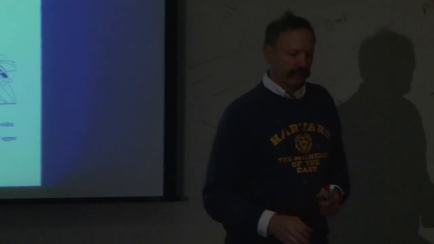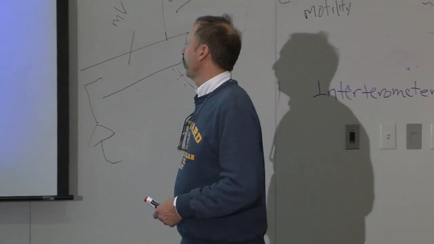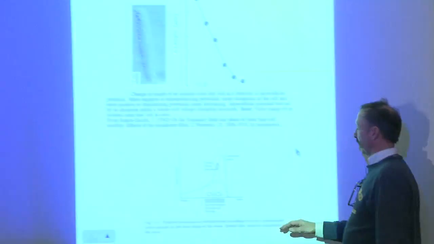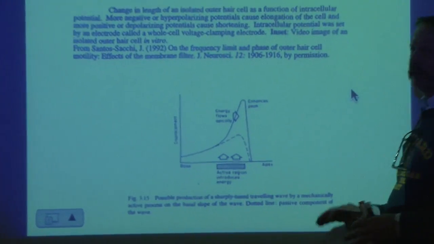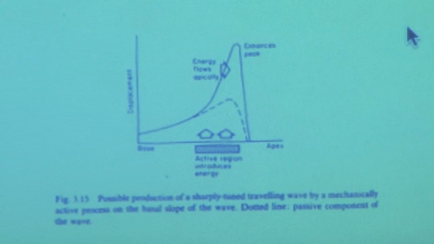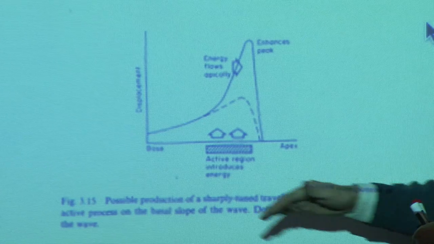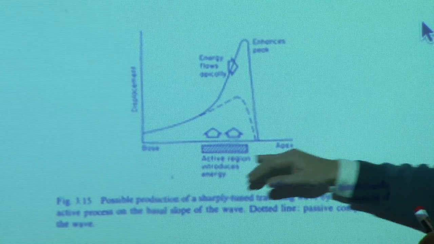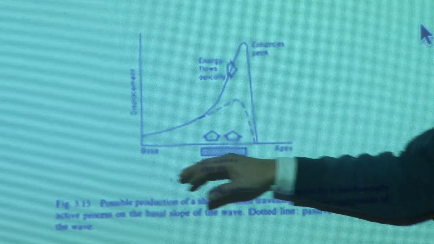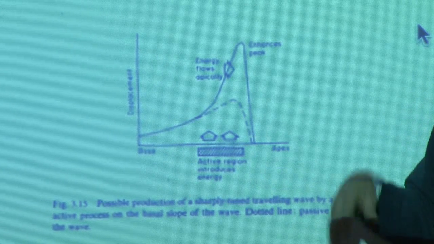And that's what this diagram is supposed to be. This is a very fanciful diagram, and there's a lot of hand waving here associated with how the cochlear amplifier really works. But it's said this is an unraveled cochlea from the base to the apex, and this is how much displacement you have.